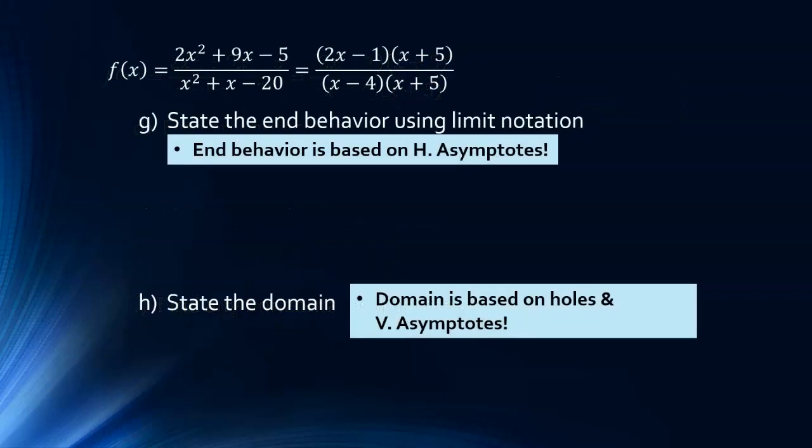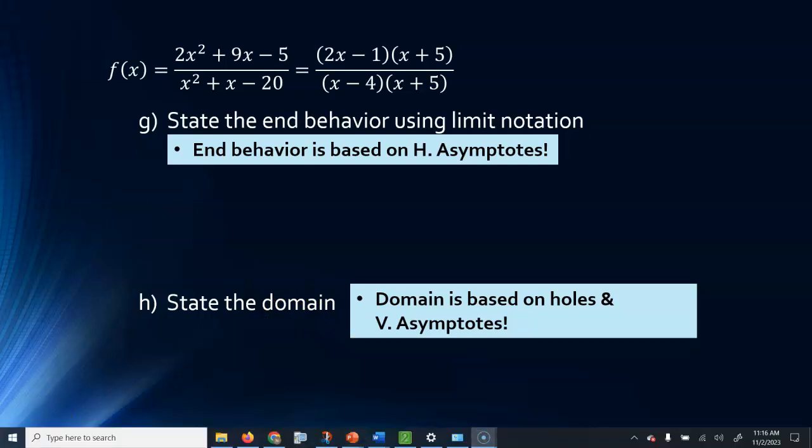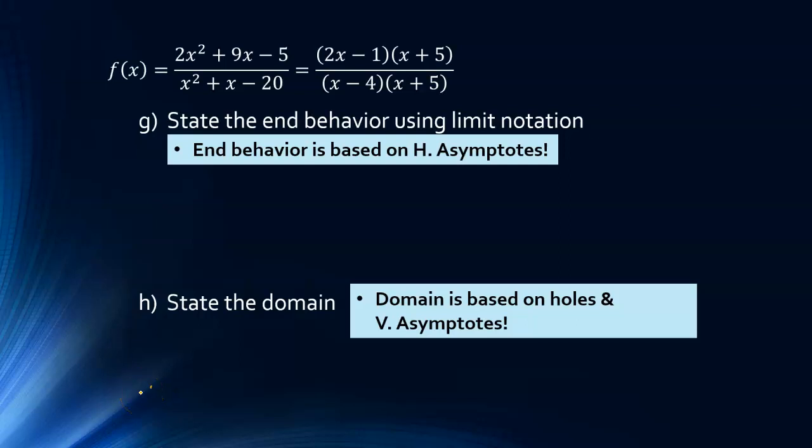All right, so the last thing that they're asking for is to review the end behavior. It's been a while since we've talked about end behavior, but anytime we have a horizontal asymptote, that's going to tell us what our end behavior is going to be. I'll show you the graph here in a little bit so you can see how that works.